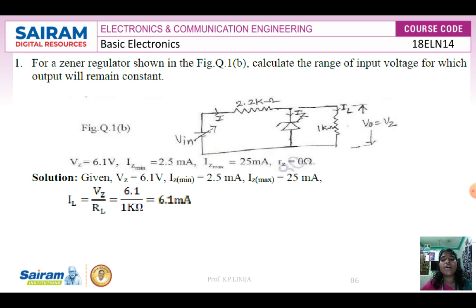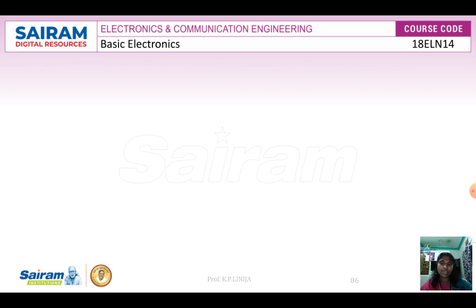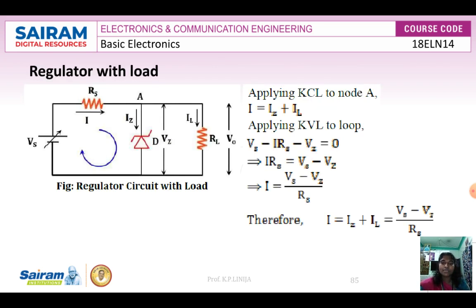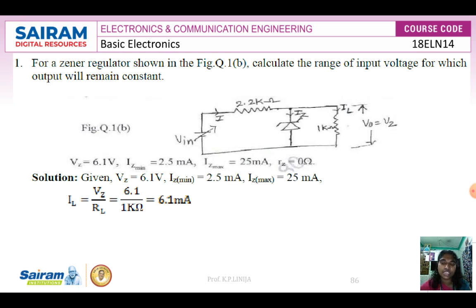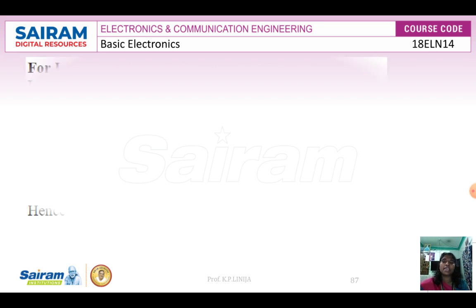We know the formula I is equal to V by R. In the circuit, the current is flowing towards the Zener diode. Therefore, we can write IL is equal to Vz by RL. Substituting the given values, we get 6.1 milliamps.